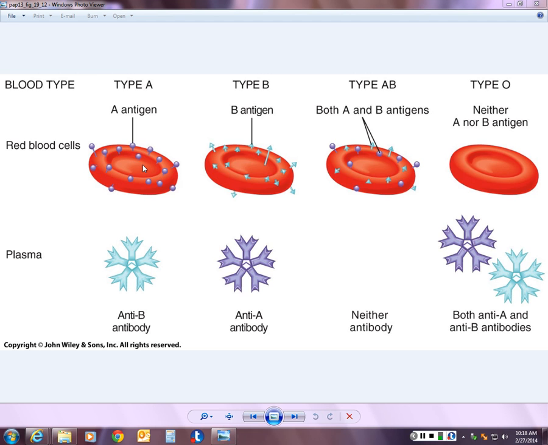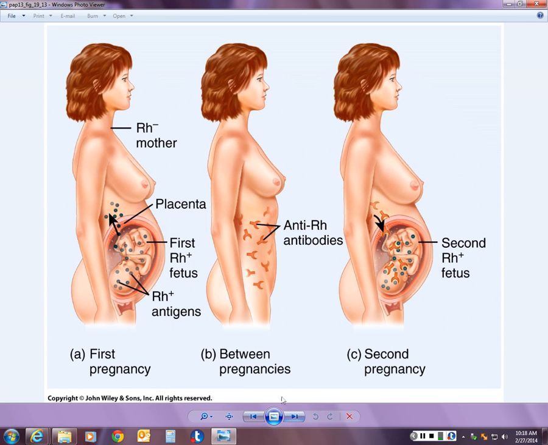Now, one of the main clinical issues that we usually see coming about from the RH antibodies in the RH group is something called hemolytic disease of a newborn. Hemolytic disease of a newborn is a condition that can result in mothers who are RH negative. Mothers who are RH negative obviously have the ability to produce RH antibodies if they are exposed to RH positive blood.